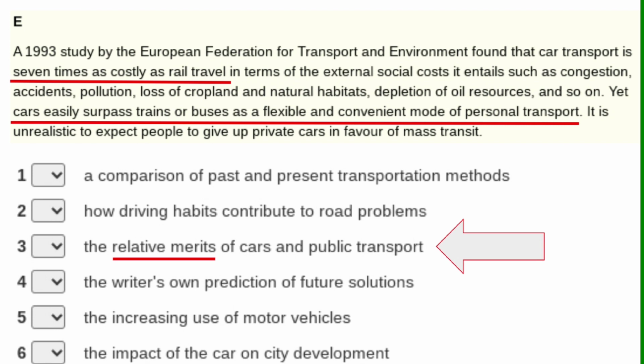So this means this paragraph is our answer to question 3. We click on the drop-down box, select E as our answer. Of course, this is an example for the computer-based test. On the paper-based test, you would write the letter E on your booklet and then at the end transfer it to your answer sheet.